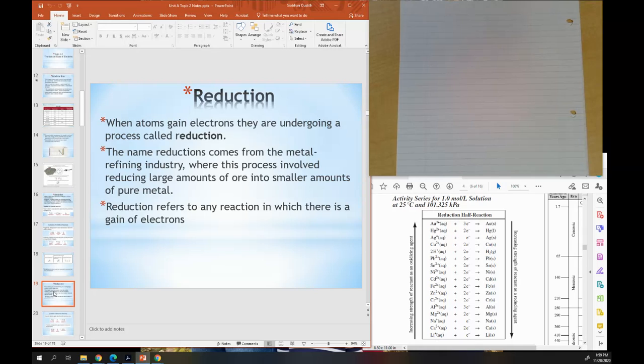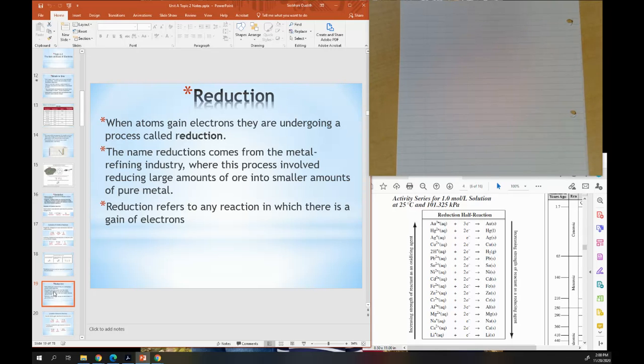This is a process that they use in that industry where they take large amounts of some sort of an ore, so iron ore, for example, and they make it into smaller amounts of a pure metal, in that case, pure iron. So again, reduction can be used as a term anytime there's a gain of electrons. So anytime we see a gain of electrons, that process is reduction.